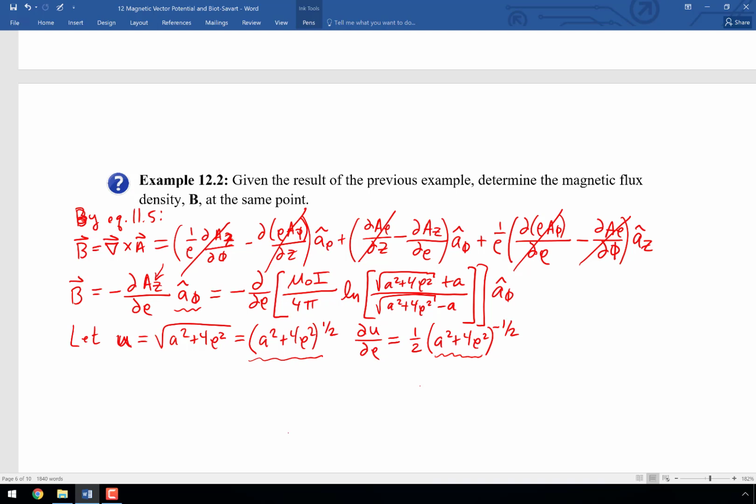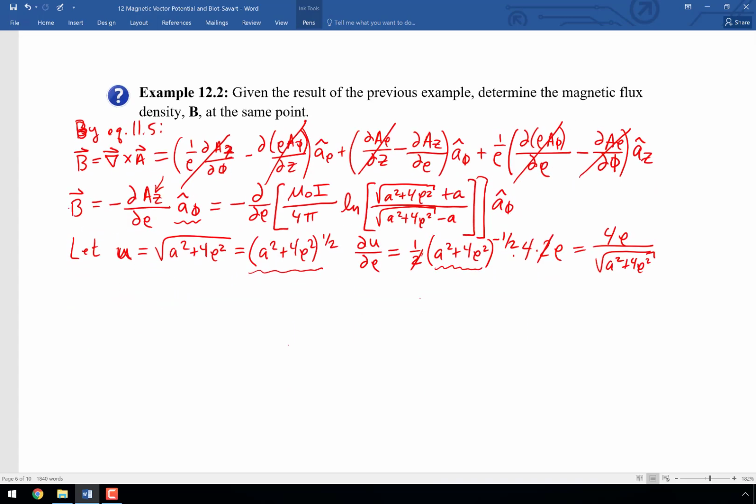And what's the derivative of 4 rho squared? That's 4 times 2 rho. Okay, I can cancel that 2 with that half. And I'm going to go ahead and re-represent the negative 1/2 as something in the denominator. So this is going to become 4 rho divided by the square root of a squared plus 4 rho squared. So I've prepared to do a substitution, and I've calculated the derivative of that substitution because I know that the chain rule is going to require that before this problem is over.